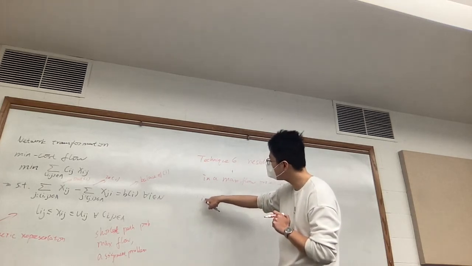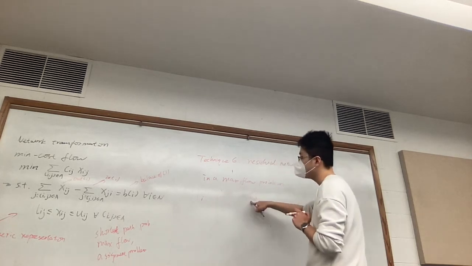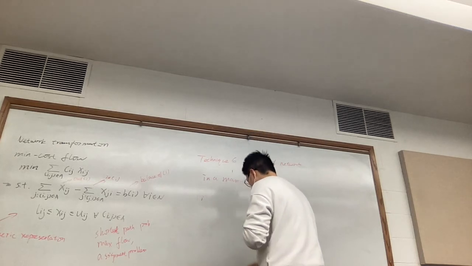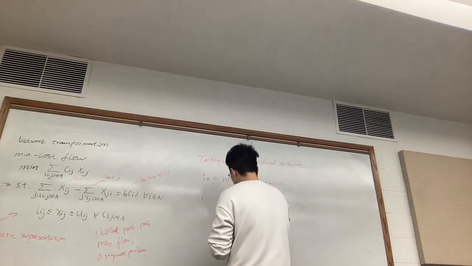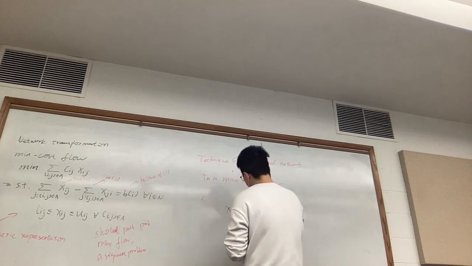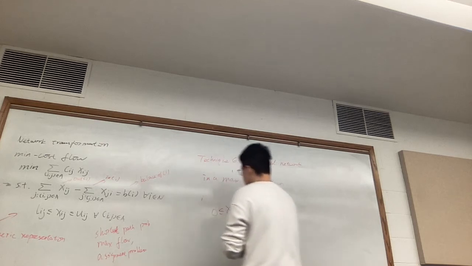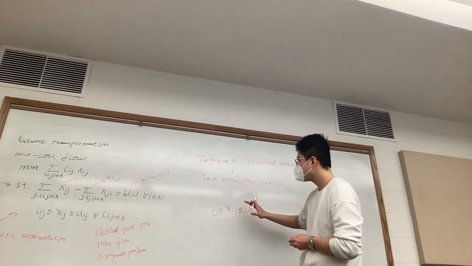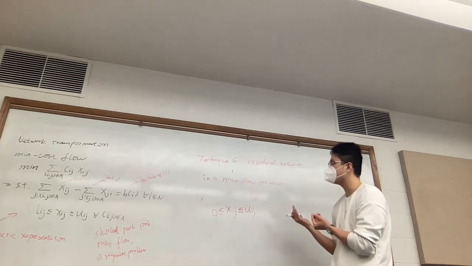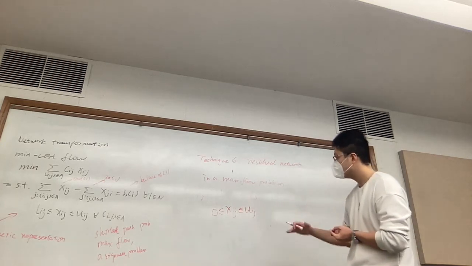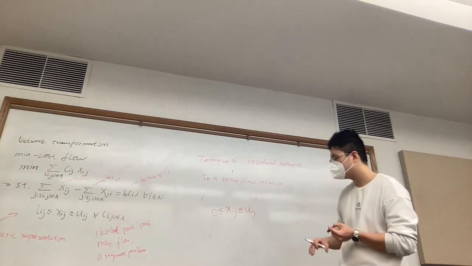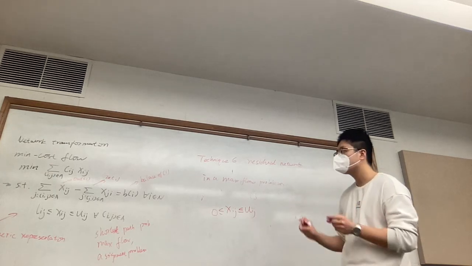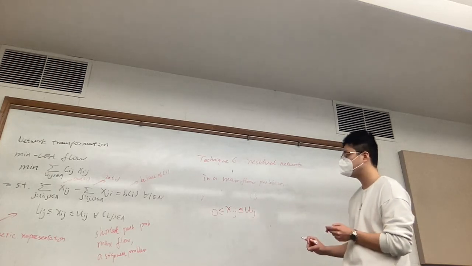So suppose we have an arc from I to J and xij. So suppose xij is less than or equal to some uij, greater than or equal to 0. Now, when you learn the algorithm of the max flow problem, you will find that what it is actually doing is that it iteratively increases the flow in this network.